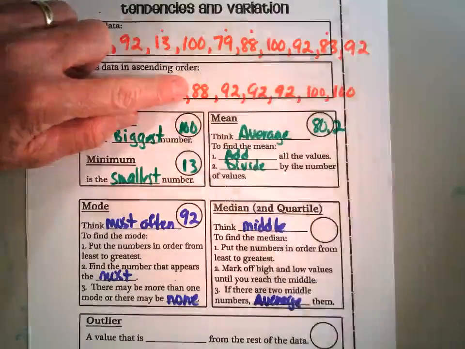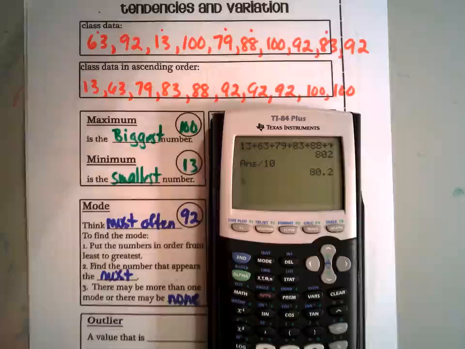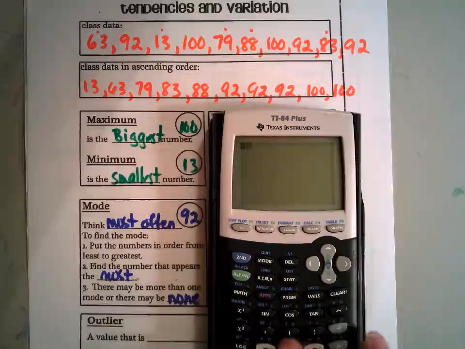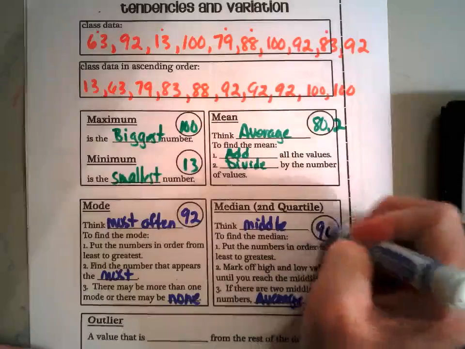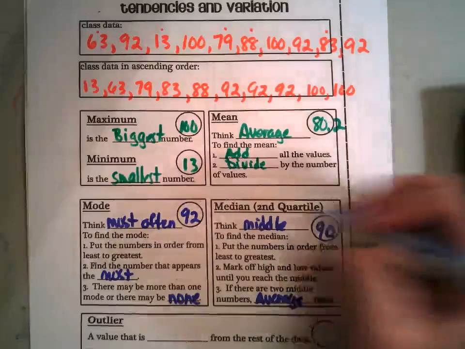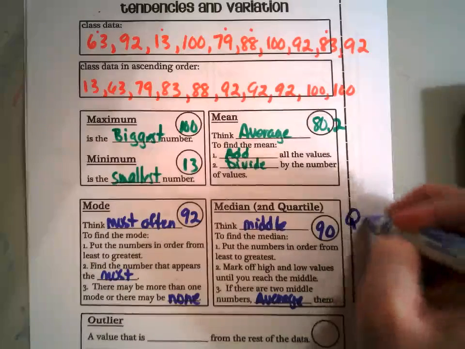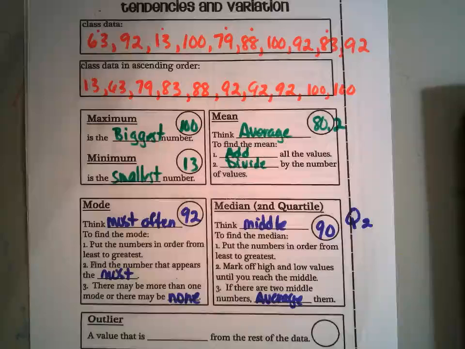So the average, let's clear that out, 88 plus 92 divided by 2 numbers is 90. So 90 becomes our median, otherwise known as the second quartile or Q2. Some people will call that Q2.